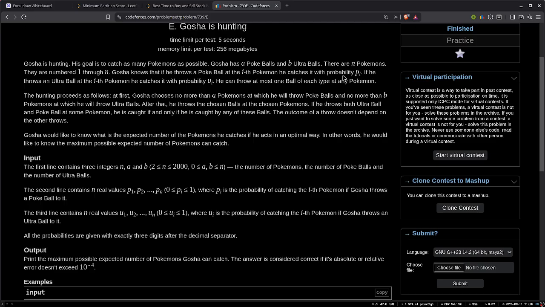If he throws both an Ultra Ball and a Pokeball at some Pokemon, it is caught if and only if it is caught by any of these balls. The outcome of a throw doesn't depend on the other throws. Gosha would like to know the expected number of Pokemons he can catch if he acts in an optimal way. In other words, he would like to know the maximum expected number of Pokemons he can catch.